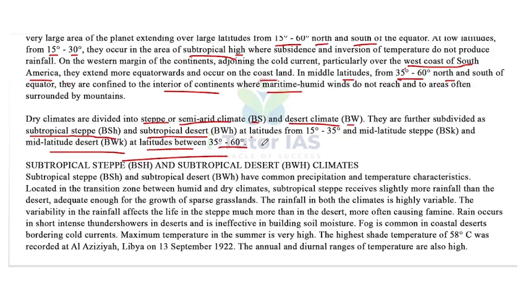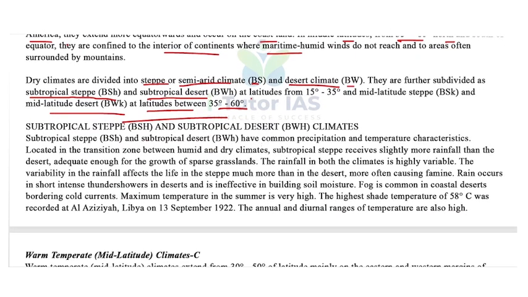Now, subtropical steppe, that is BSh, and subtropical desert, BWh, climate. Subtropical steppe and subtropical desert have common precipitation and temperature characteristics.